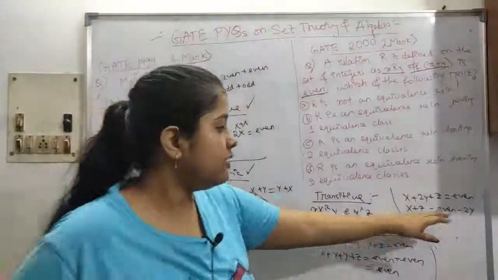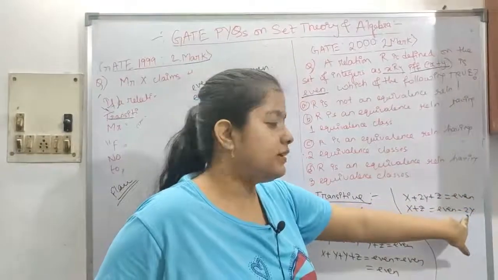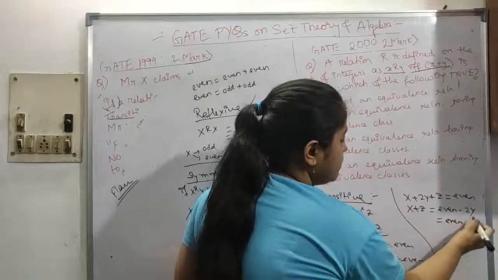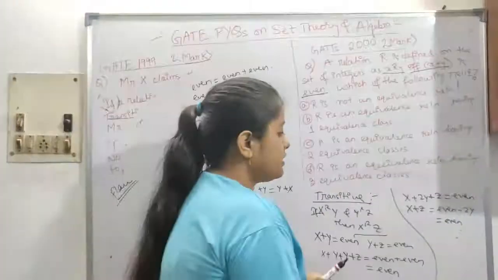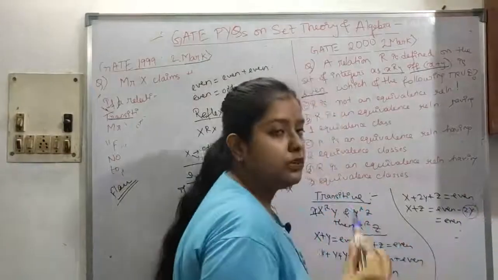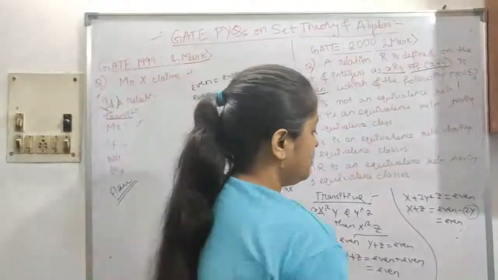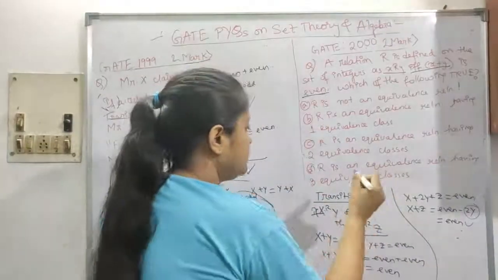So even minus something, 2y means this is also even, because it is already multiplied with 2. So that will come down to even only, because something multiplied with 2 will be even only. So this is even, which comes down to x plus z being even. So our transitive is also true.